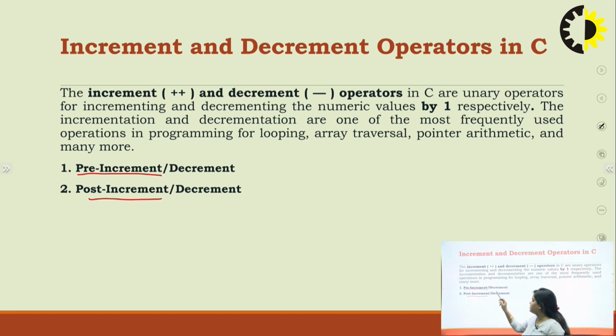And the same thing goes with decrement: pre-decrement and post-decrement. Let's understand what this is. In C, there are unary operators for incrementing, as you have already understood what unary is: when you have a single operand with some operator. So this also comes under the category of unary.